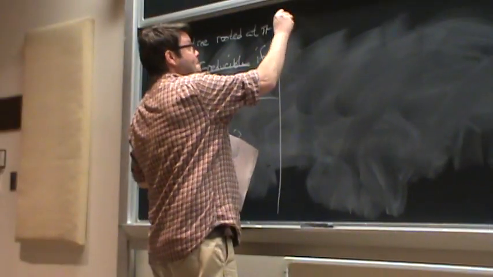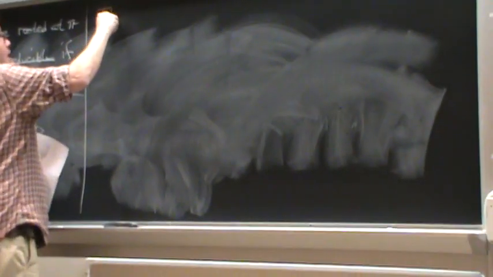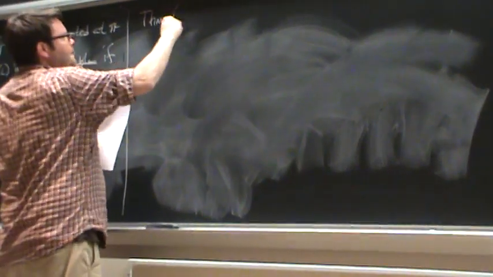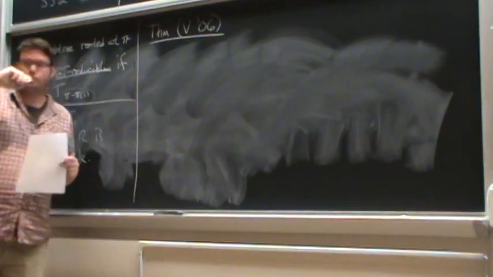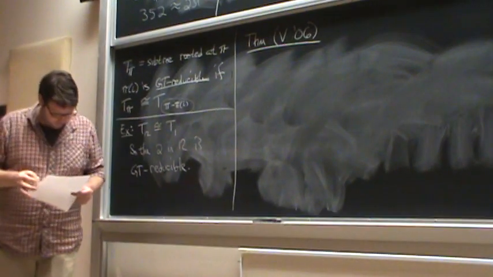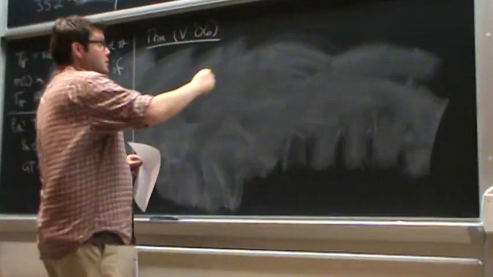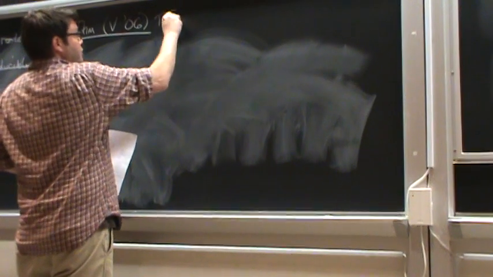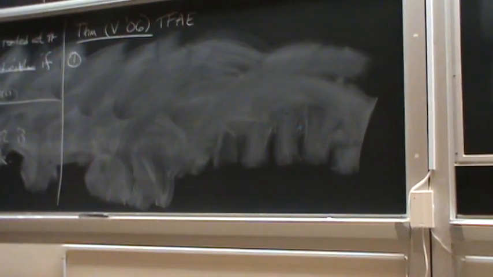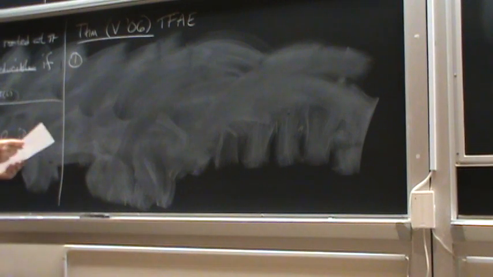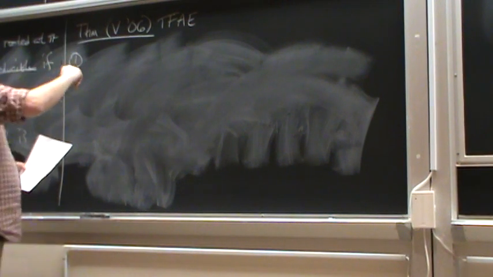So here's the theorem. And people were doing this by hand. And Zeilberger, back when I was a graduate student, encouraged me to look for automatic ways to do this. So this is the theorem. The following are equivalent. 1. There's a bound on the number of children in this tree.